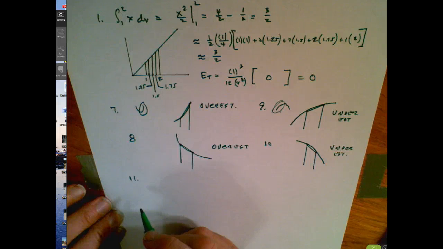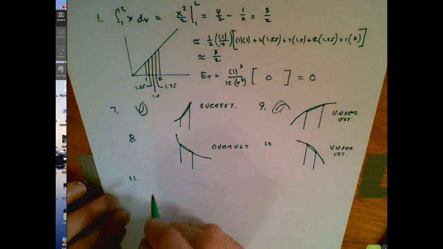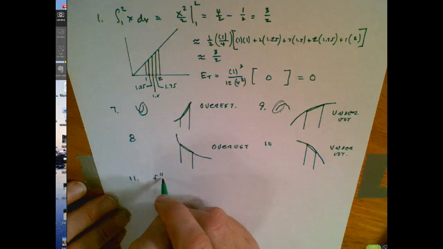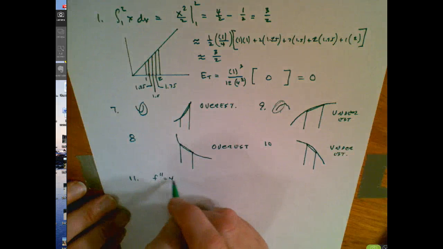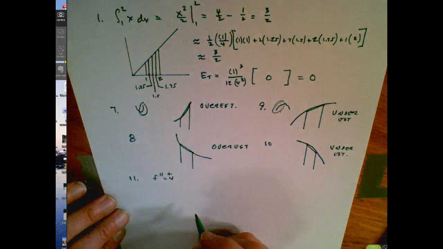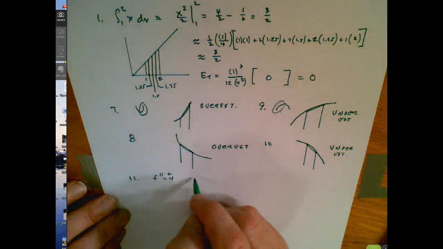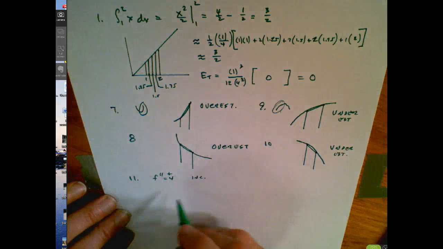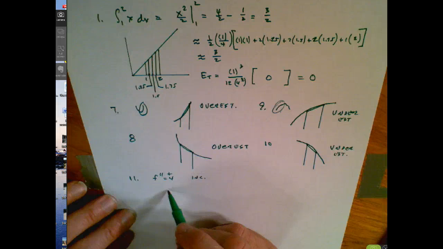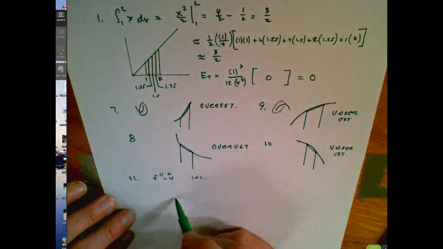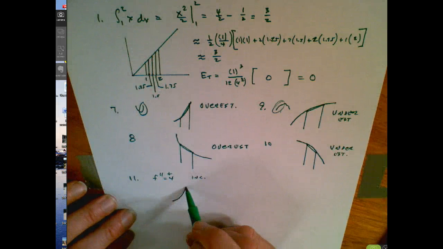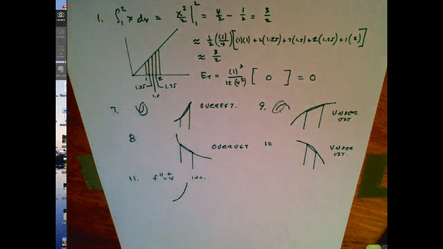Okay? So number 11, let's put number 11 right here. The second derivative is equal to 4. It's positive. And the first derivative is greater than 0. It's increasing. So it's a positive second derivative. That means it's concave up, and it's increasing. So we're going to get something that looks like this. Now it's very determinable.